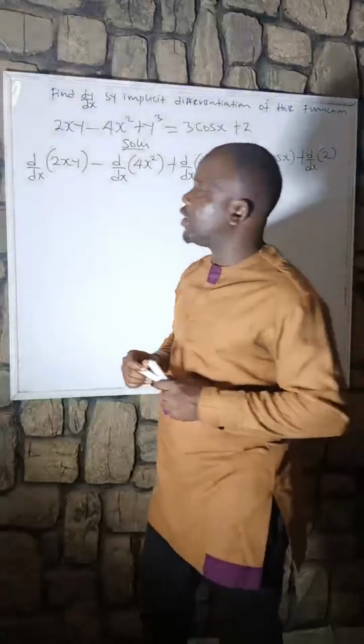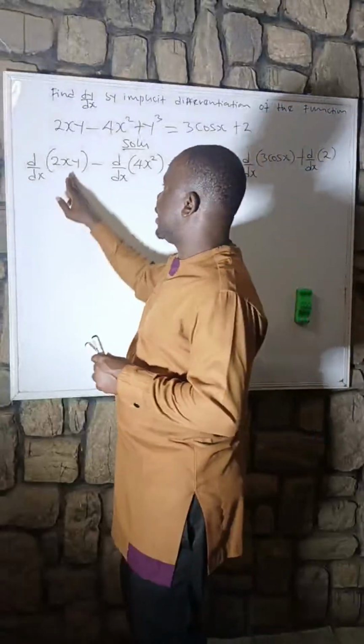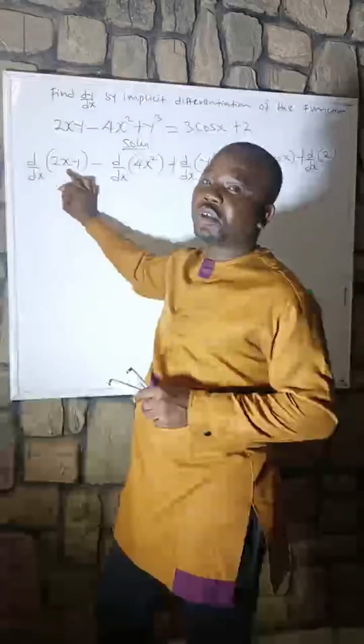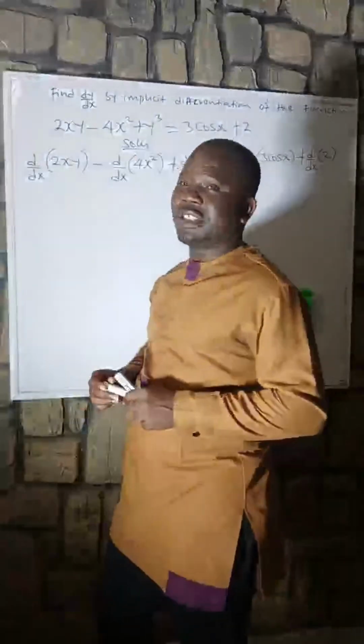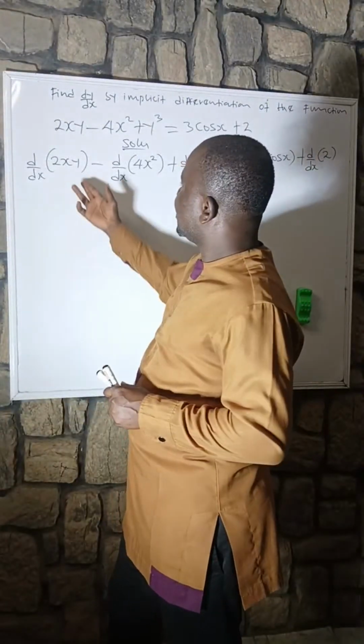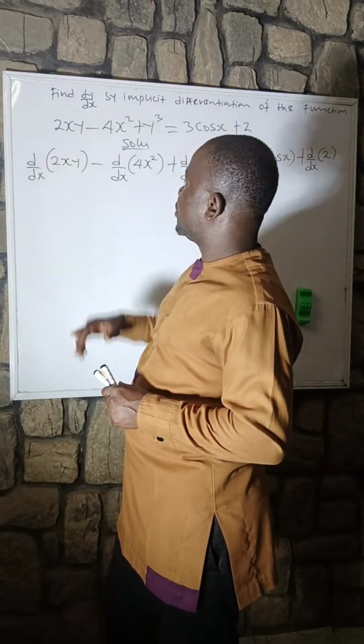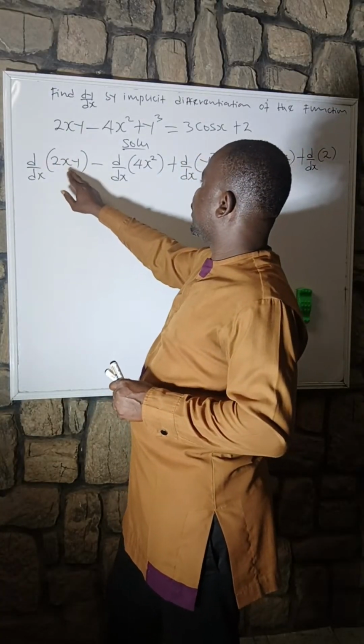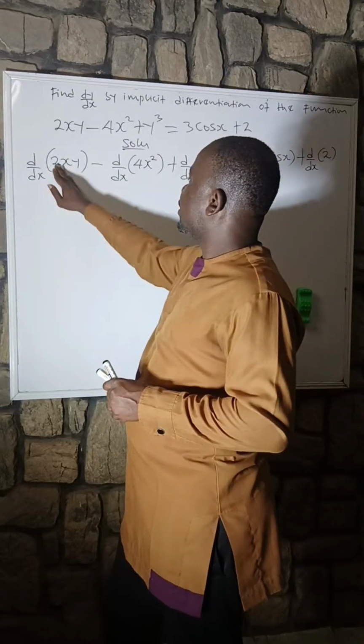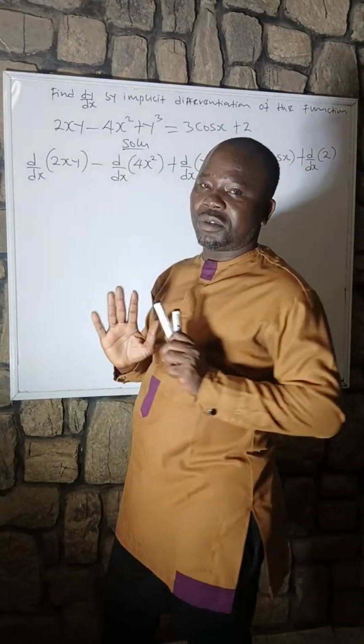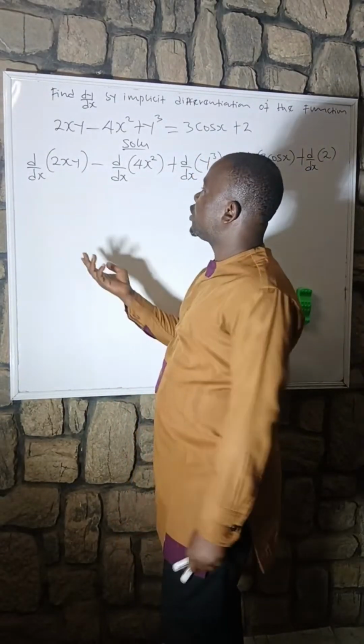What you need to do here is understand your product rule very well, and I don't think you will have any problem. So the product rule is what we are going to apply. Since we have two functions here, x and y, just hold the other as constant. Is that clear?